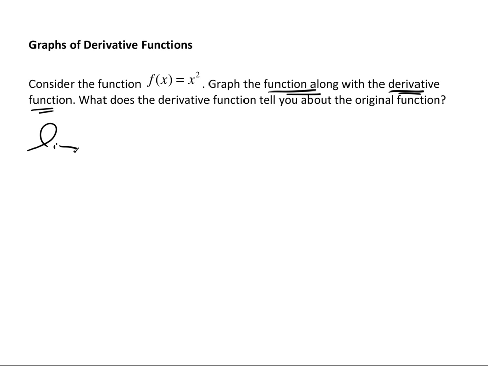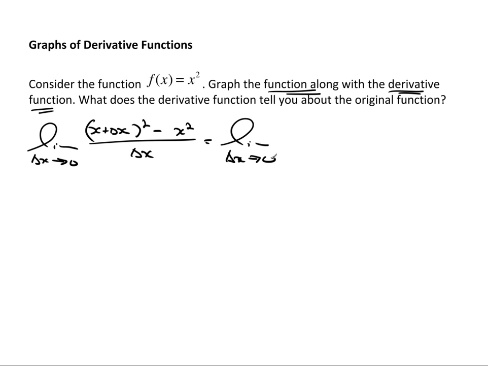So I will take the limit as delta x goes to 0 of (x plus delta x) squared minus x squared over delta x. That equals the limit as delta x goes to 0. When I expand this, I will get x squared plus 2x delta x plus delta x squared minus x squared over delta x.